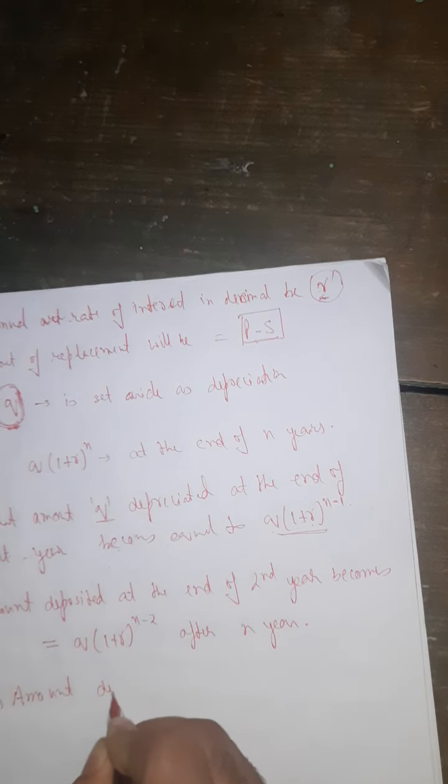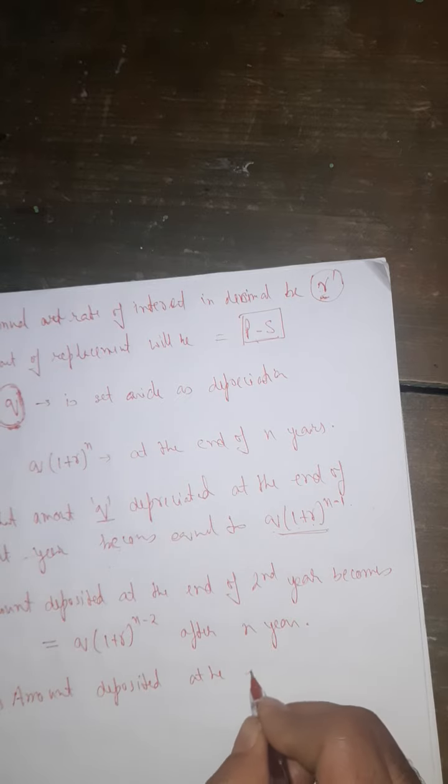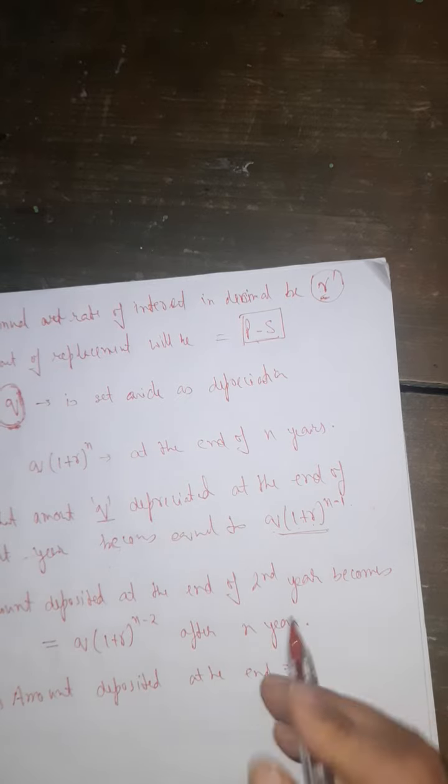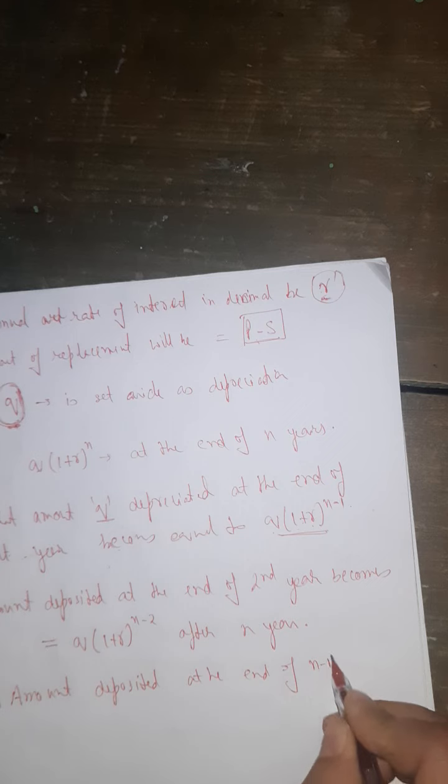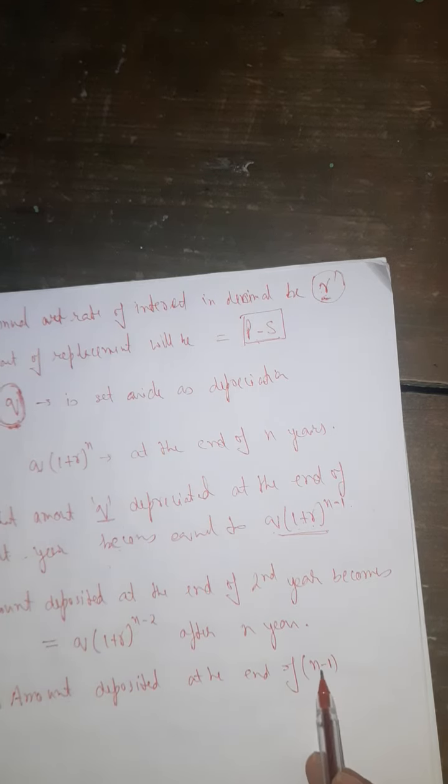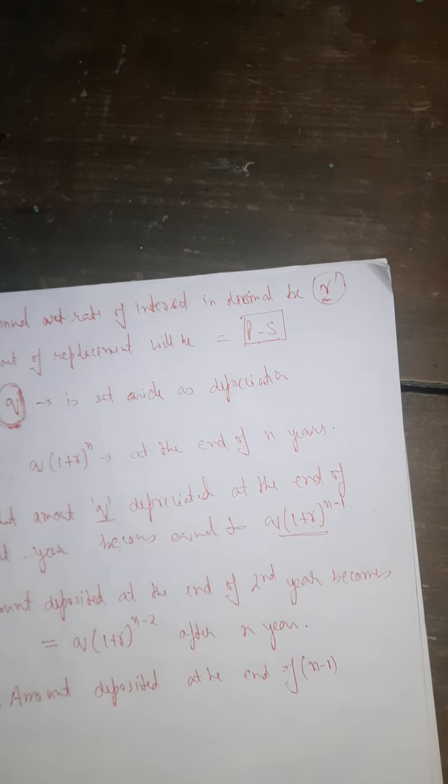Similarly, the amount deposited at the end of the second year, third year, fourth year, fifth year, and then we come to the last, at the end of the n minus 1 year. n minus 1 years means the second last year. If the total is 20 years, then 20 minus 1 is 19. At the end of the 19th year, whatever you deposit, you will gain interest on that money at the end of the 20th year.